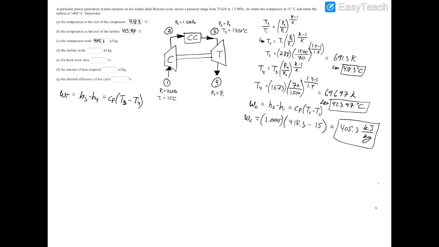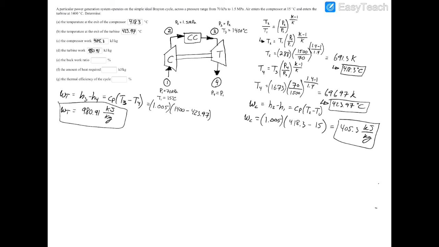Now, if we just plug in our numbers here, you'll have that equal to 1.005 times T3, which we have as 1400 Celsius, minus T4, which we calculated to be 423.97, and that is also Celsius. Now, if you plug this into your calculator, you'll have that the work of the turbine is equal to 980.91 kilojoules per kilogram. Makes sense because it's larger than the compressor.